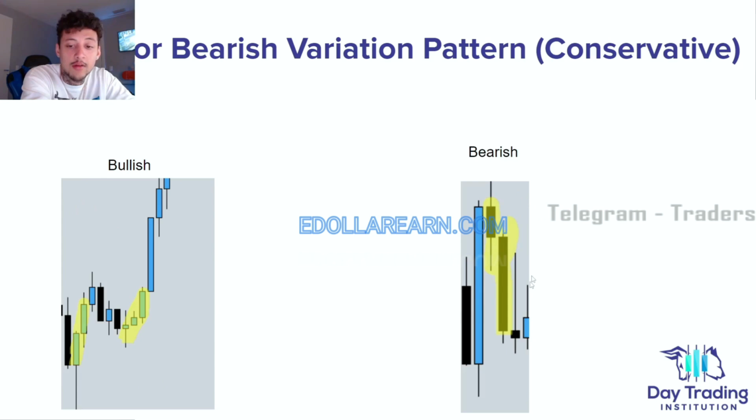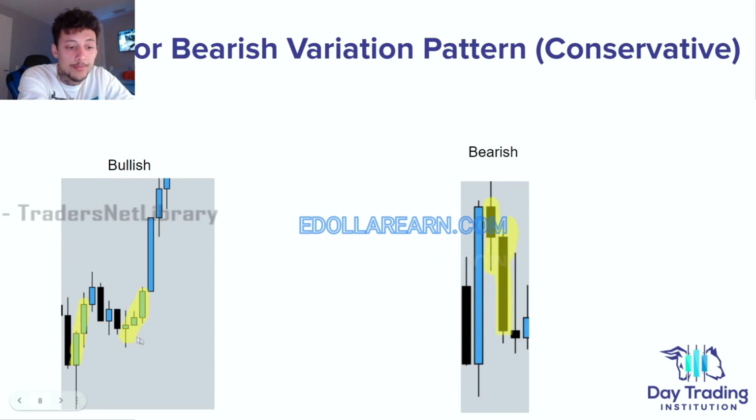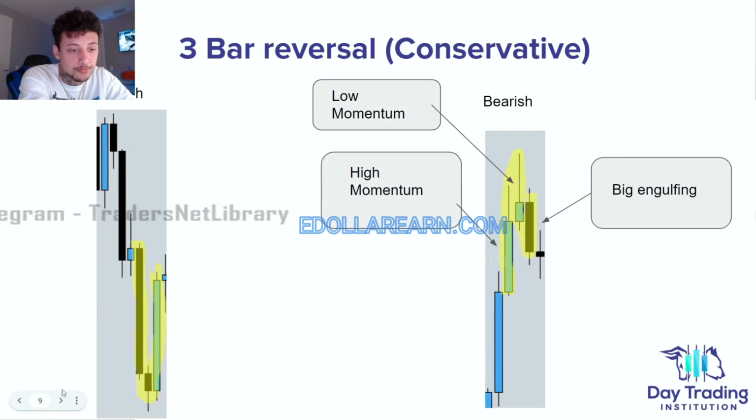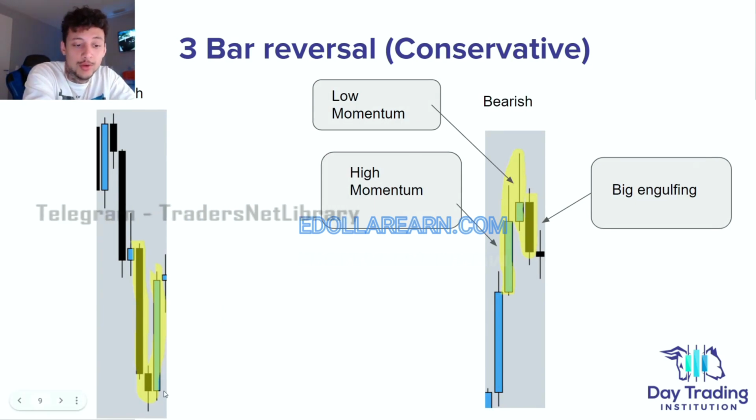You actually have a single bullish candle versus here you have 2 bearish. Here it's literally the opposite. You have 2 bullish, 1 bearish. And then look at the bullish example. You have 2 bearish, 1 bullish. Look at the bullish example here. You have 1 bullish, 2 or 3 bearish, right? And we call this a 3-bar reversal because again, it only uses 3 bars.